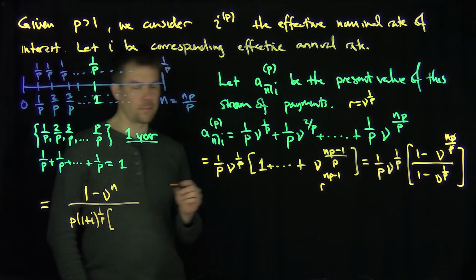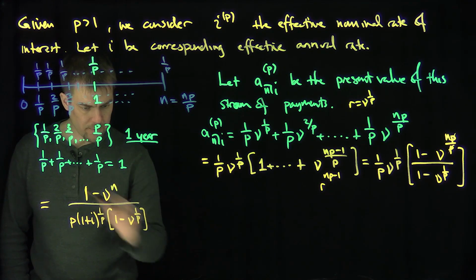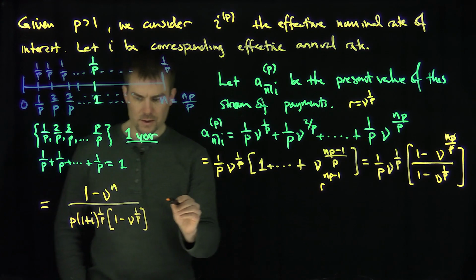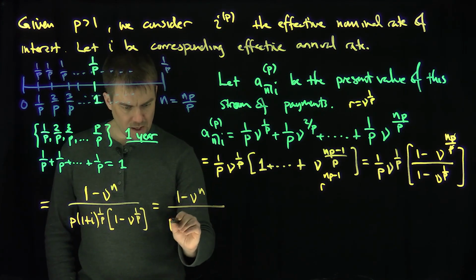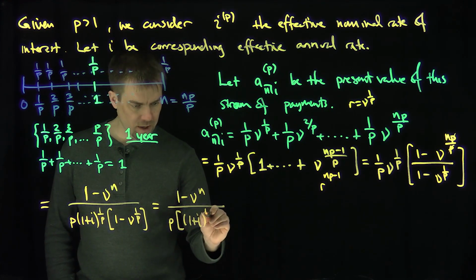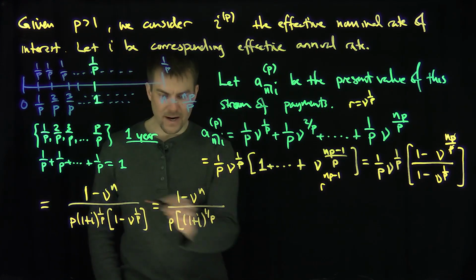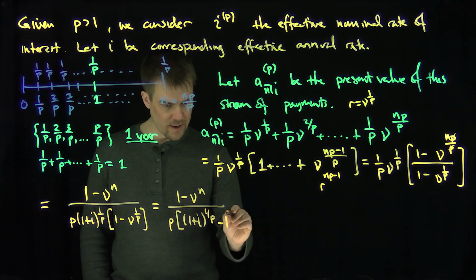Then this is multiplied by 1 minus nu to the 1 over p. Let's simplify this a little bit further. This is going to be 1 minus nu to the power n over p, and then 1 plus i to the power 1 over p minus 1, because 1 plus i to the power 1 over p and nu to the 1 over p cancel out.